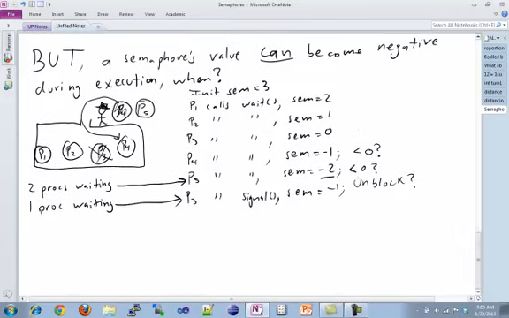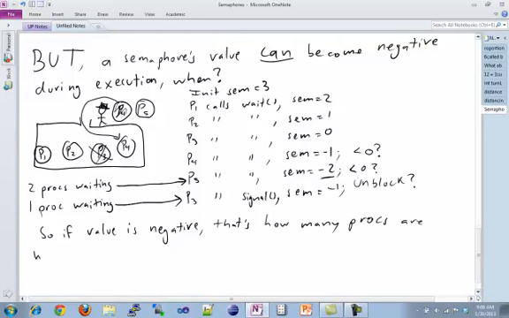Okay. So now, you guys can see that if the value of the semaphore is negative, that's however many processes are waiting to enter the critical section.